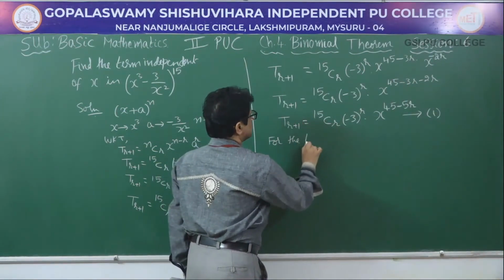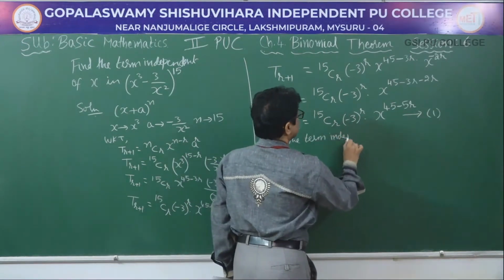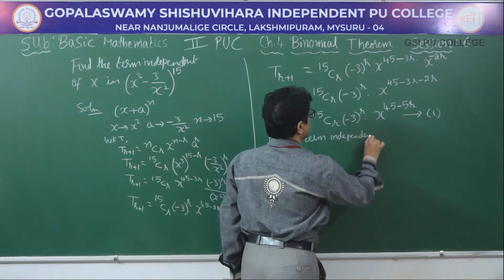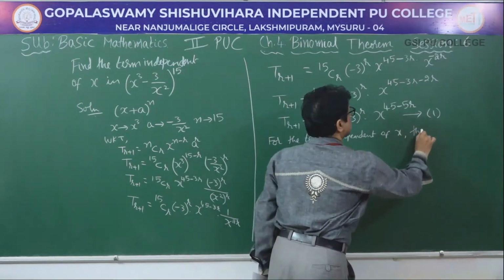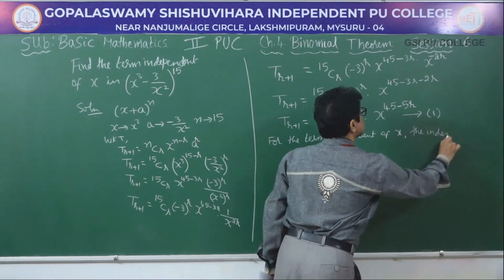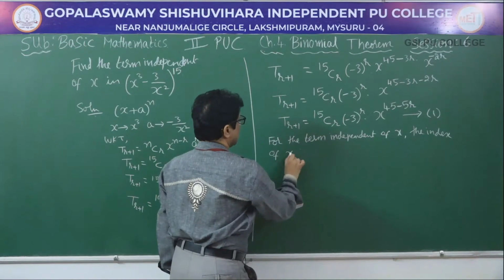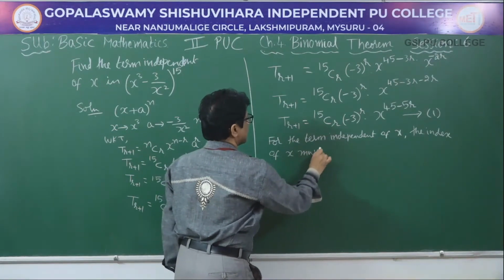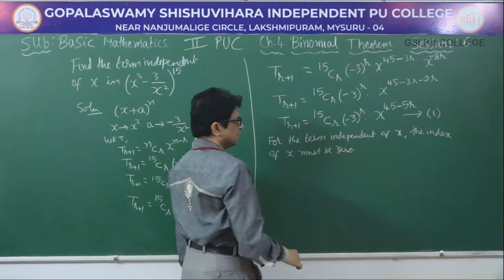For the term independent of x, the index of x must be 0.